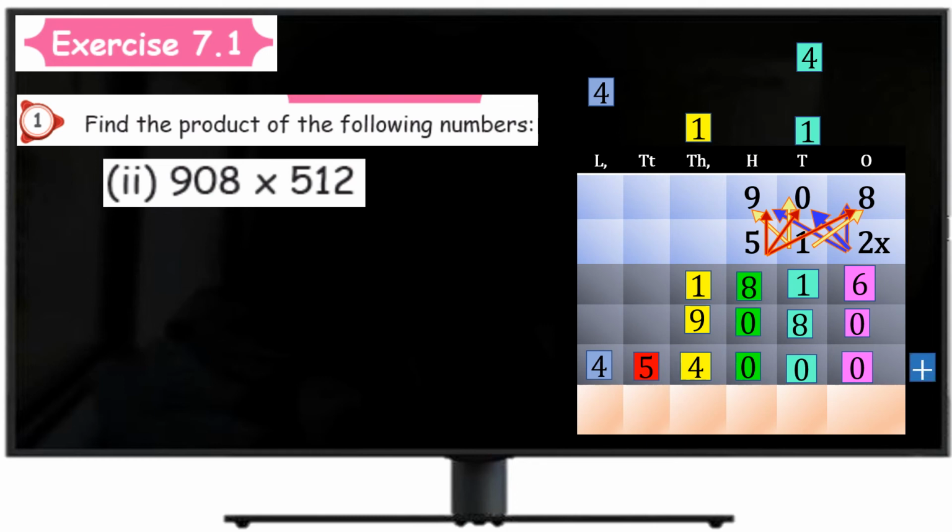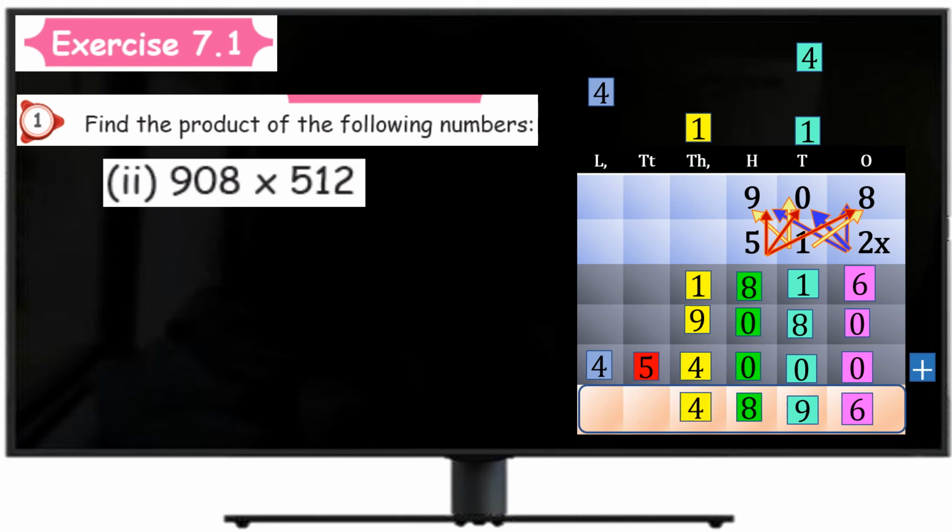That's it. Now we are going to add. 6 plus 0 plus 0, 6 only. In green, yes, 8 plus 1, 9. In 100th place, we need to add 8 plus 0 plus 0. So 8 will be the answer. And here 9 plus 1, 10. 10 plus 4, 14. So 14,000 is here.